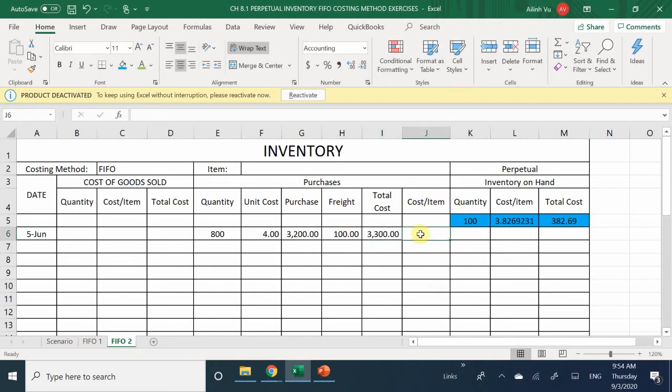And what is my cost per item? 4.13. You could do 4.125, because we're not rounding yet. So 4.125, okay? What do I do next?